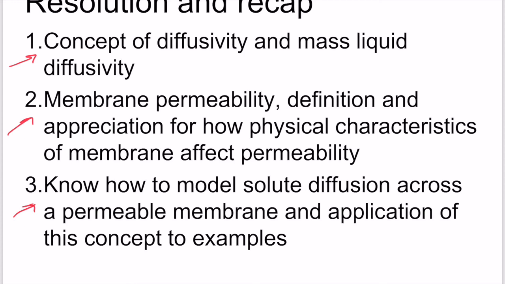What I'm gathering from the prioritization of which things are nice to have, as opposed to learn the stuff, is that one is pretty important. What is diffusivity? How does it work? Absolutely be very comfortable with these terms. The membrane permeability stuff, similarly, and the physical characteristics seems like a nice to have.